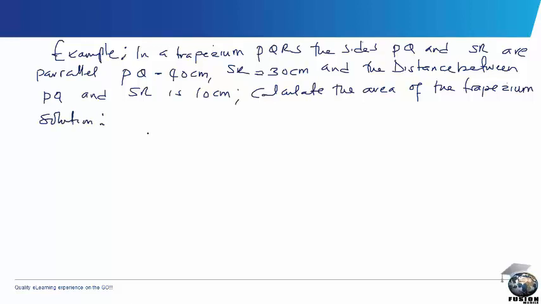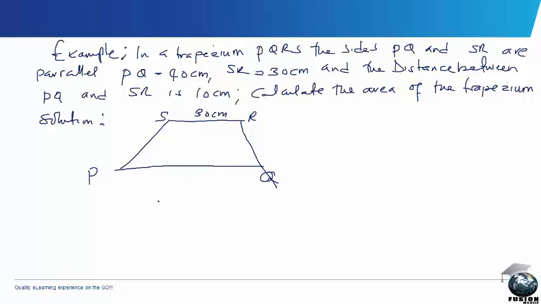You can give a pictorial diagram: X, R, and then Q, and then P. You're told that XR is equal to 30 cm and PQ is equal to 40 centimeters, and the distance between PQ and XR, which is the height, is equal to 10 cm. So how do you find the area?